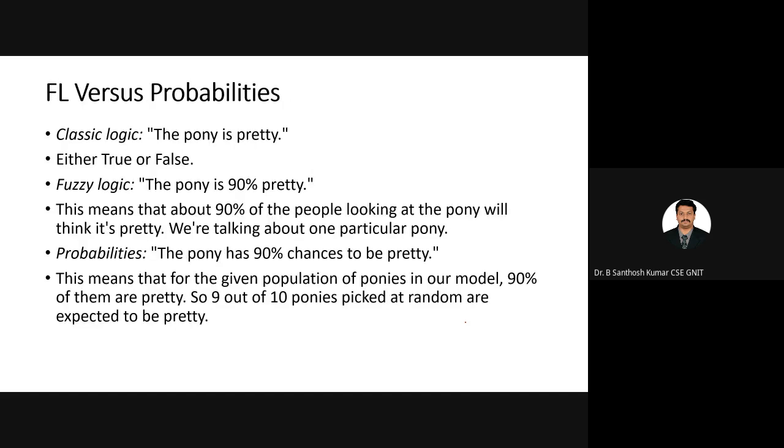Then fuzzy logic versus probability. Probability plays a vital role, because every prediction purely depends on probability. For example, suppose the Olympics are going on and some people are affected by corona.